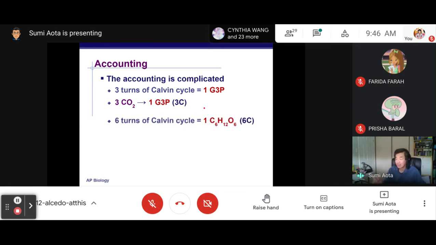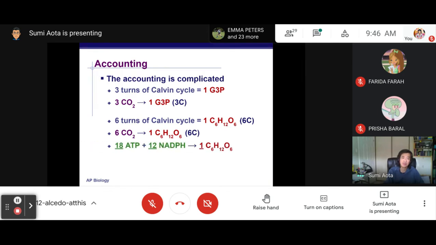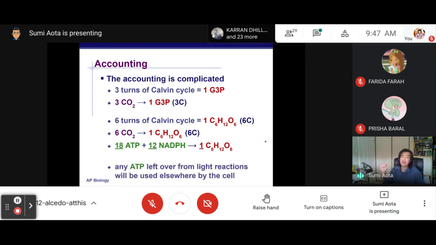It takes 6 turns of the Calvin cycle to make a glucose, because there are 6 carbons. 6 CO2s gives you 1 glucose. That needs 18 ATPs and 12 NADPHs. Any ATP left over from the light reaction can then be used by other processes inside the cell. So that's how this is accounted for.